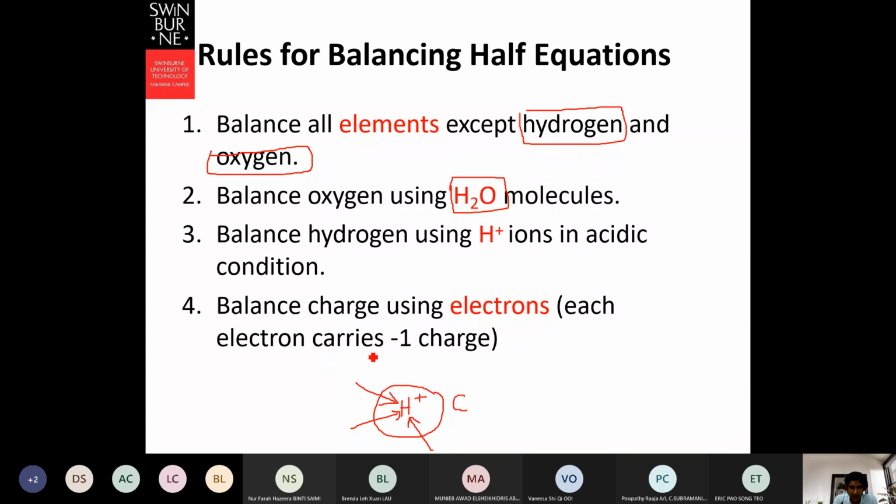In alkali condition, hydroxyl ion. If it is said that it is in the alkali condition, we should consider that generally there should be more hydroxyl ion. So we should balance using this hydroxyl ion to produce water or anything else.